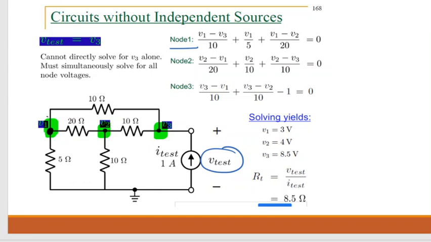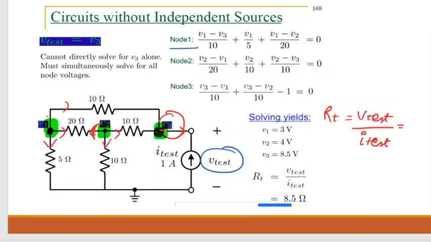Can't take testing purpose. We either not guided by I test.